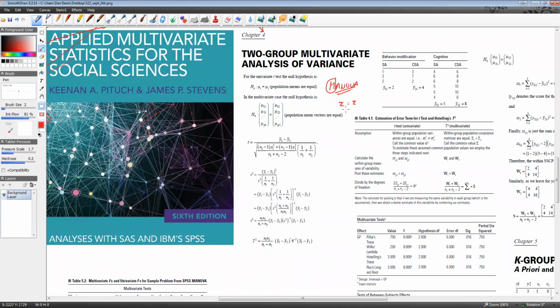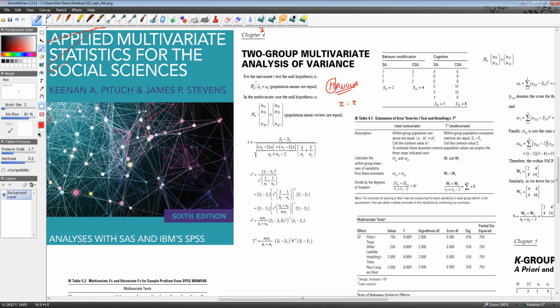Well, this chapter in Stevens is all about mean vectors. So we're going to liken this procedure to the discriminant analysis that we just saw. We're going to see the similarities as we go, and that they're addressing a very similar question, and there's a whole bunch of parallels between the two procedures. So let's start it off.